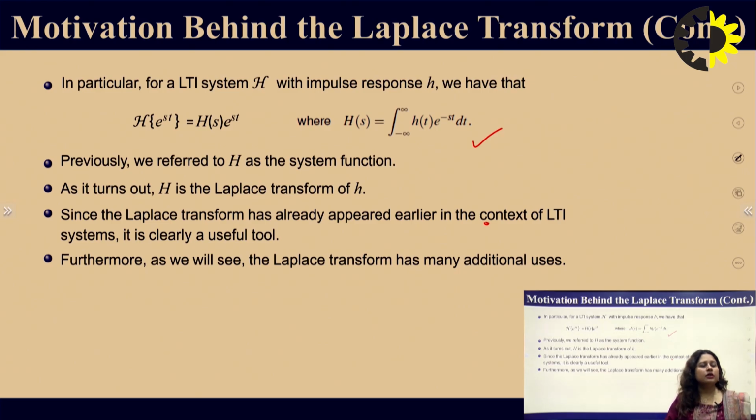Previously, we referred to H as the system function. As it turns out, H is the Laplace transform of small h. Since the Laplace transform has already appeared in the context of the LTI system, it is clearly a useful tool. Further, as we will see, the Laplace transform has many additional uses in the later slides.